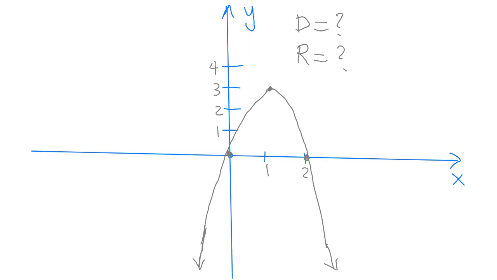Matter of fact, I can get the domain if I put your pencil on the curve and keep tracking this curve. You can go from minus infinity to infinity. They both go down forever, both in minus. So from minus infinity to infinity, this is our domain.